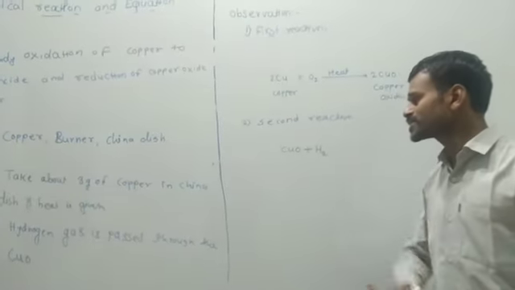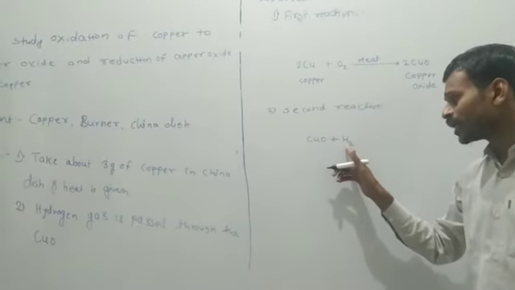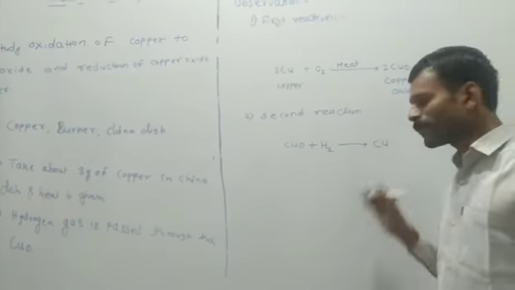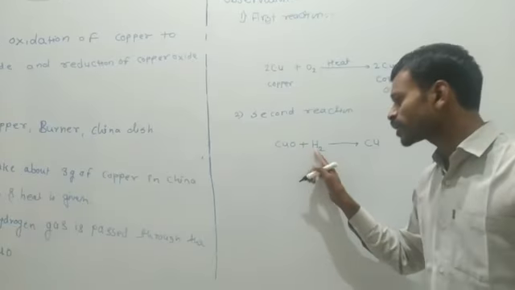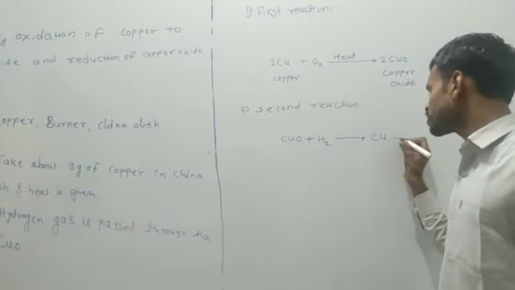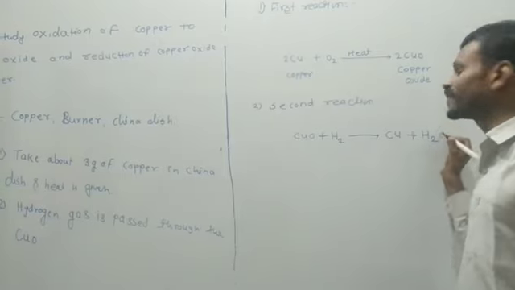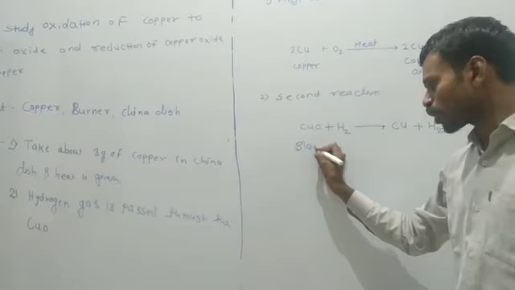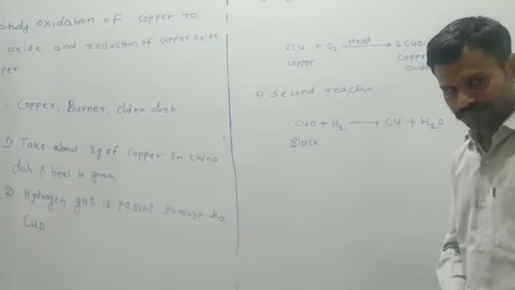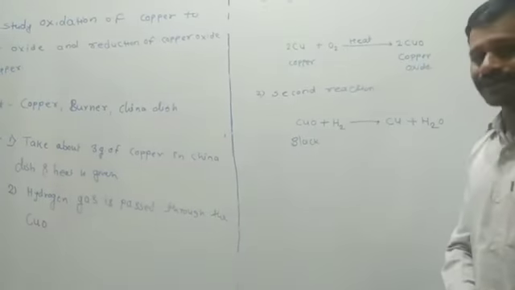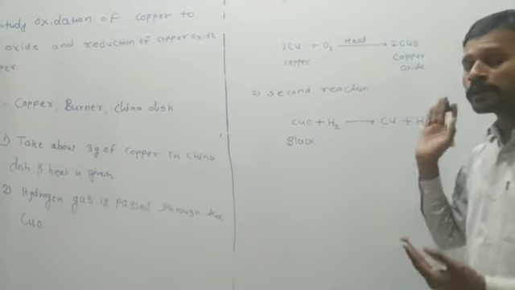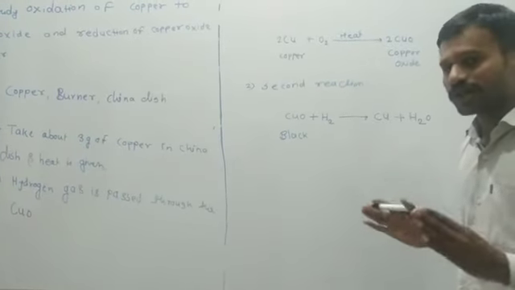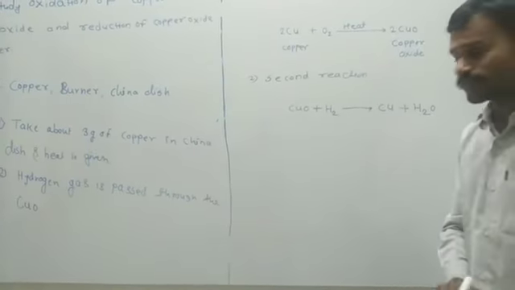After passing H2 gas through copper oxide, it forms copper, and the oxygen combines with hydrogen to form water, H2O. We know that copper oxide is black in color, and after passing H2 gas, the reddish brown color of copper is formed again.